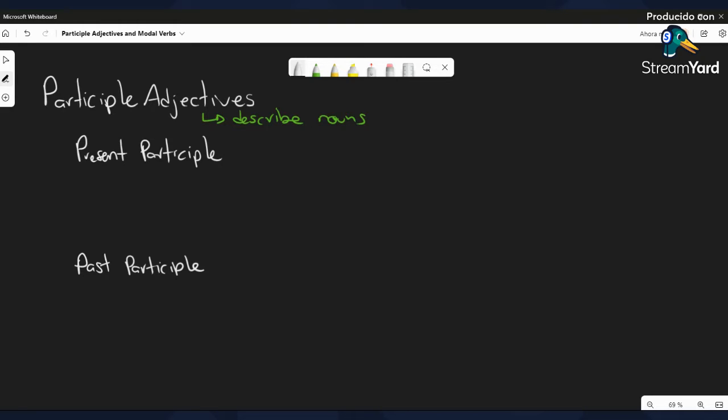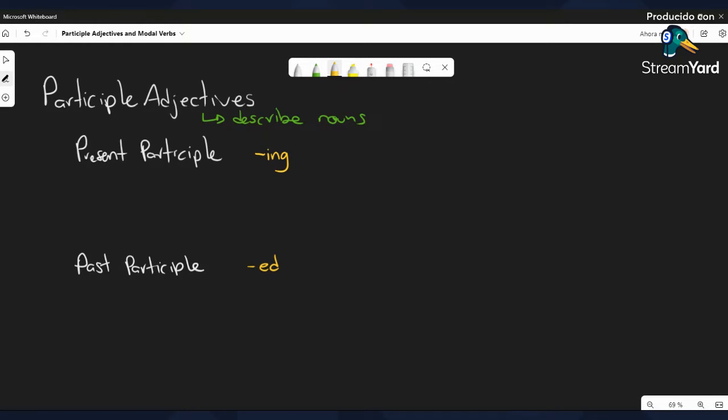So what do the present participles look like? These are verbs that end in ing, and the past participles end in ed. Let me put an example.